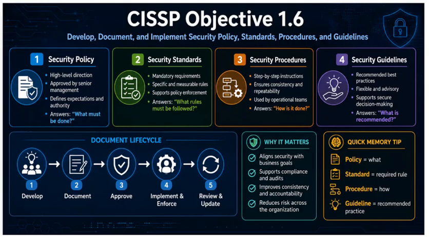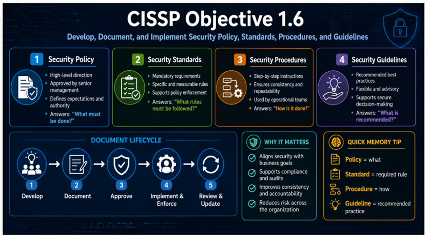In the CISSP exam, these are key points. One, know the difference between policy, standard, procedure, and guideline. Two, understand that policies are high-level and mandatory. Three, understand that standards are specific and mandatory. Four, understand that procedures are step-by-step instructions.